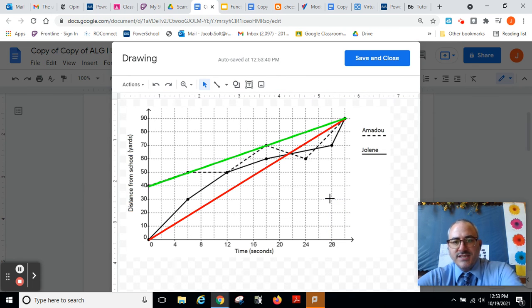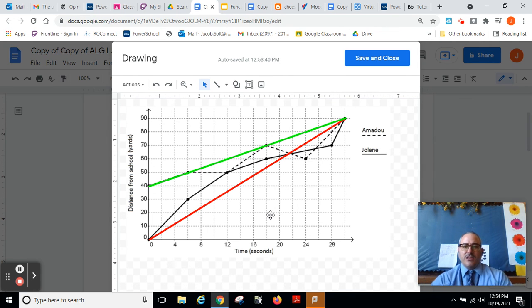All right. So the question is, whose rate of change is faster? To answer that question, we look at these two lines, the red one and the green one. We say, which one of these lines is steeper? If you were sledding down one of these 2 hills, which hill would you go faster on?